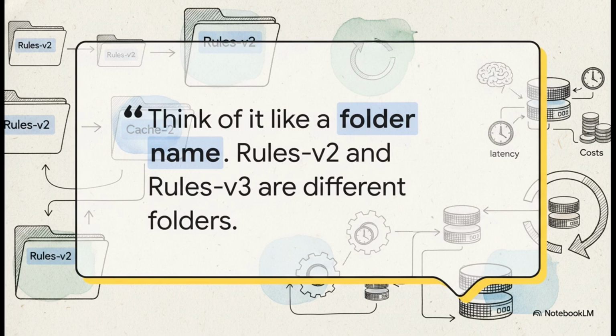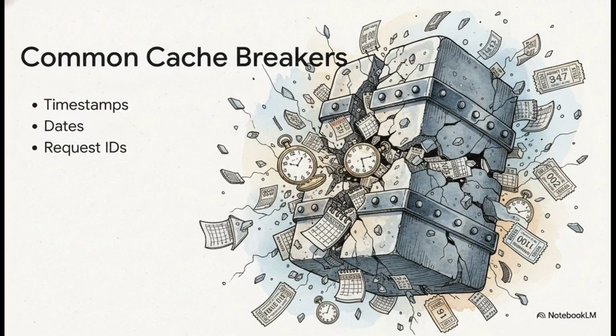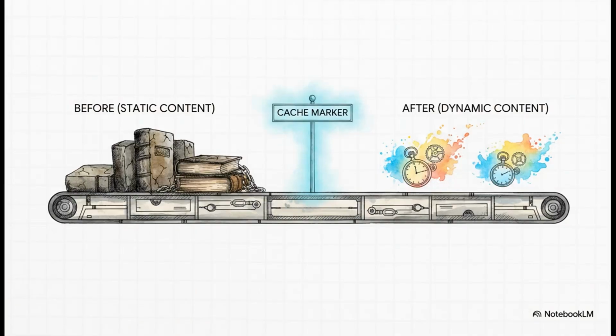Because of this, the most common trap people fall into is putting something dynamic right inside that cached block. Things like a timestamp, today's date, maybe a unique request ID, basically anything at all that changes. If you do that, every single call forces a brand new write to the cache. You'll literally never get a hit. And worse, you'll be paying the write fee every single time, which actually costs more than if you had just ignored caching altogether.